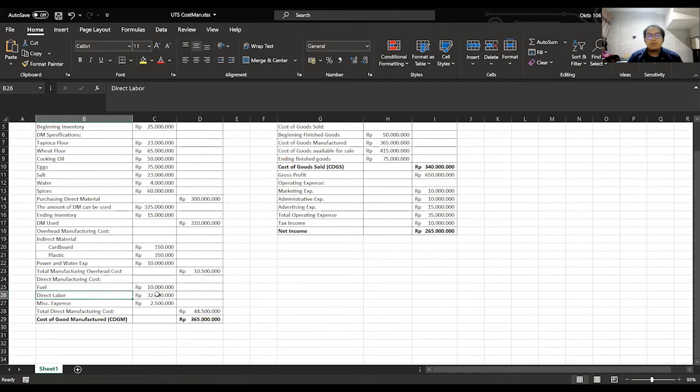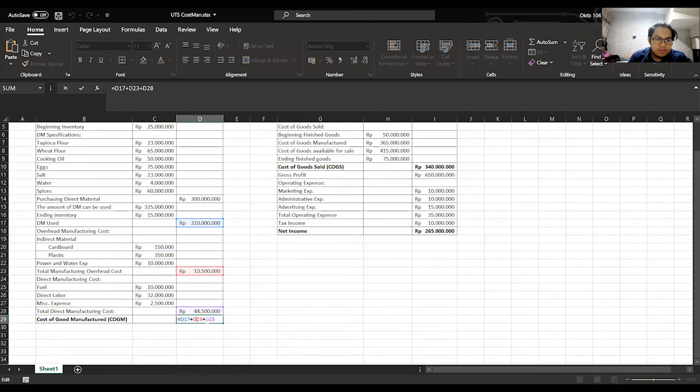This is the one who operates the machine. Then we have miscellaneous expense. This is like when we need to lubricate the machine, or if we need some bolts, we just screw it up. After that we just need to sum all of the items that I already told you.